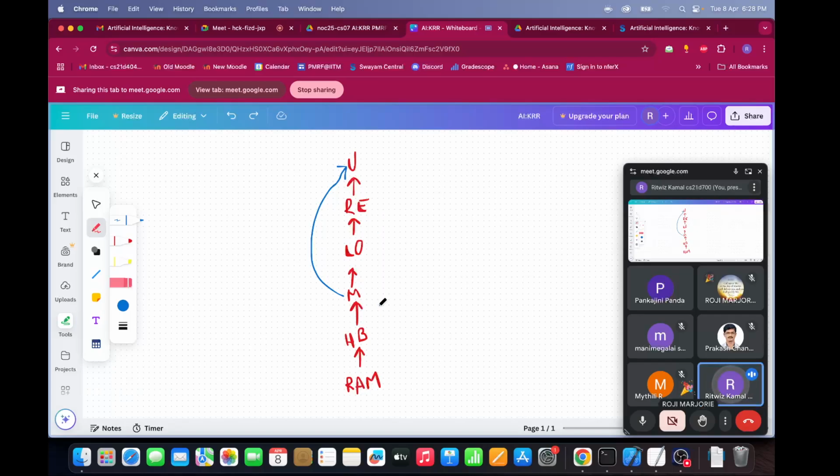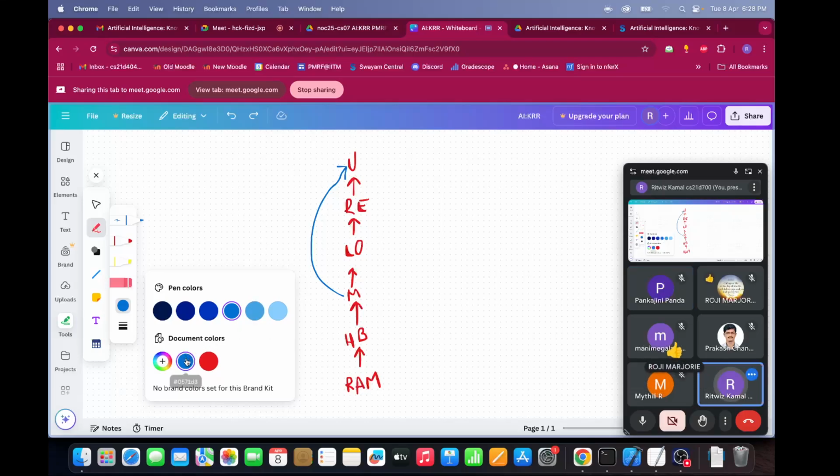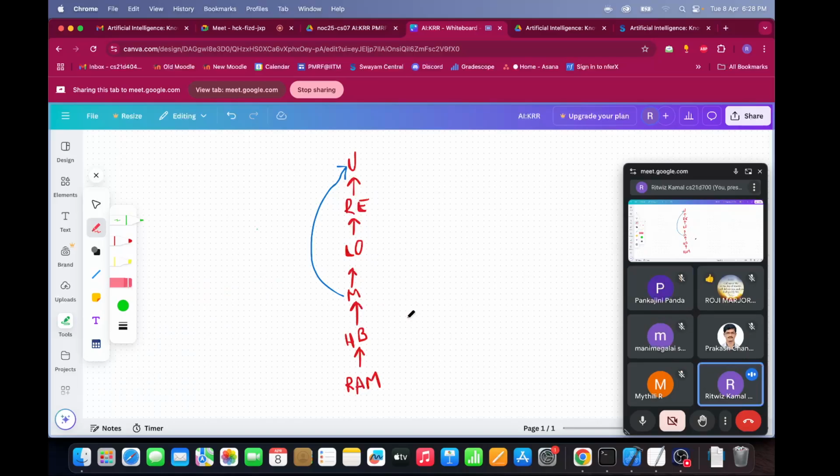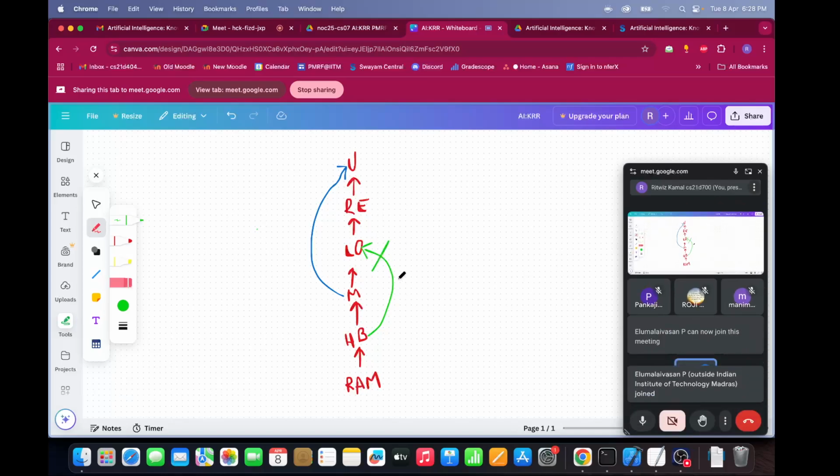Are you with me till this point? Yes, sir. Now let's say that there is some particular edge, or a path, that goes like this, and which basically says that a human being is not a living organism.